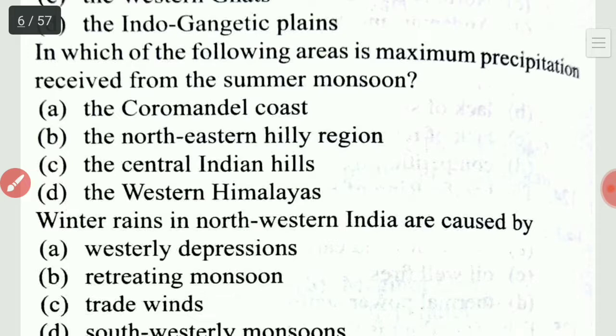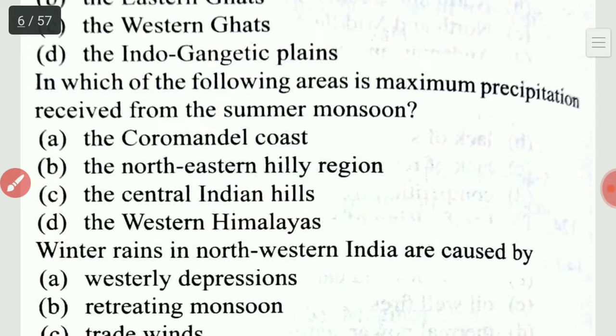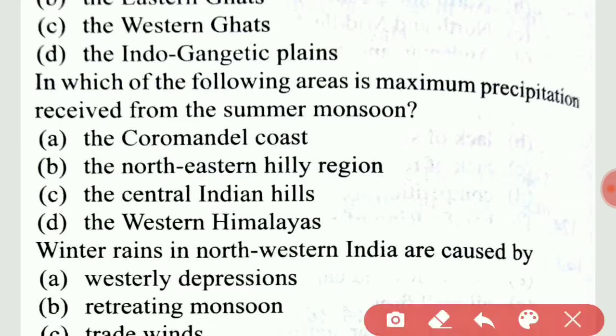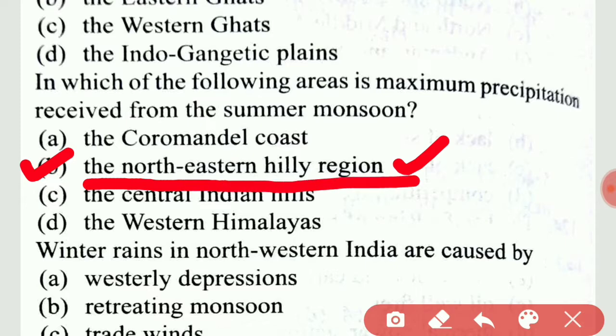Next, in which of the following areas is maximum precipitation received from the summer monsoon? Right answer is the northeastern hilly region, that is the Meghalaya Cherrapunji region, the northeastern hilly region.